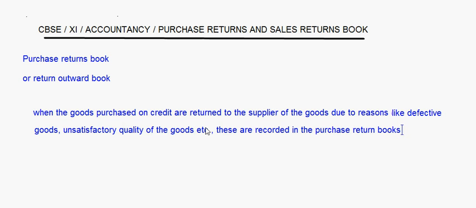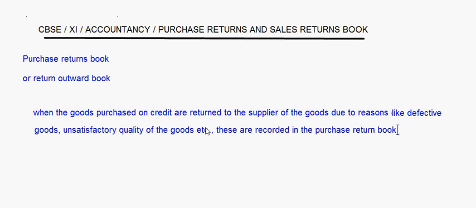There is something called a debit note, which you should know in this, right? Whenever goods are being returned to the supplier, a debit note is prepared, right? And this debit note, along with the goods, is sent to the supplier, right? Now the debit note contains the amount of the goods that are being returned, right?